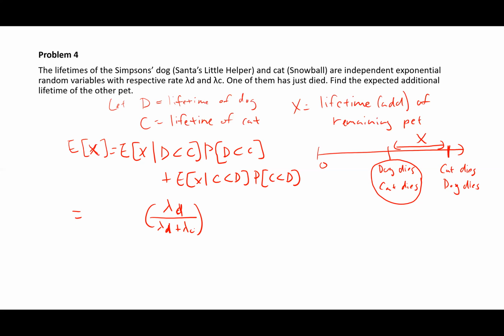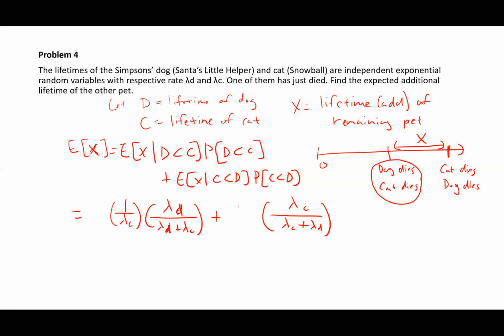The expected lifetime then of who's remaining? If the dog dies first, the animal that remains is the cat. So the expected lifetime of the cat right when the dog dies is simply 1 over lambda C, plus the probability that the cat dies first, which is lambda C over lambda C plus lambda D. And right when the cat dies, the remaining pet is the dog.